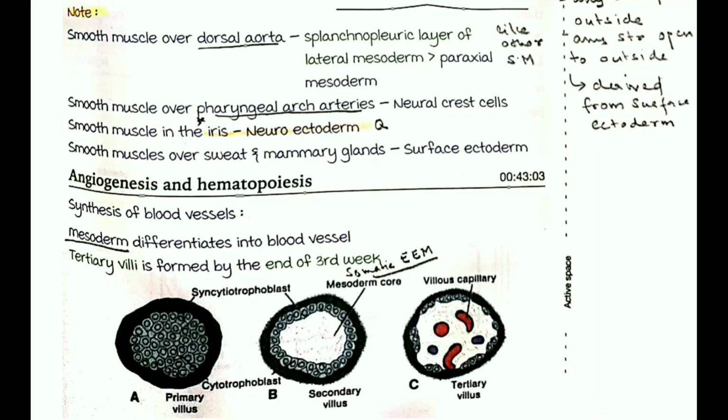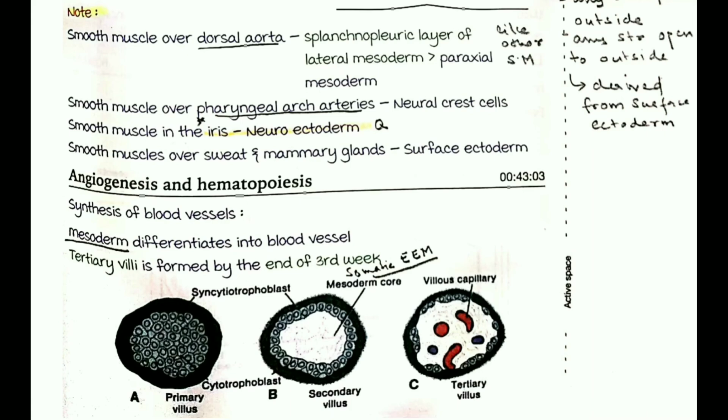Then how do we get the tertiary villus? Now what I am saying is that the mesoderm will differentiate into blood vessels. Some of this somatic extraembryonic mesoderm, which is in the mesoderm core, will differentiate and form these blood vessels. We can see the red color.